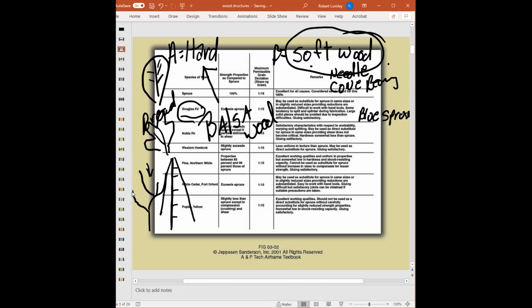Well, if you think about it, we want a really long piece of wood that has very straight grain. What type of tree would provide that? A hardwood tree like an oak tree or a softwood tree like a Sitka spruce, blue spruce, Douglas fir.